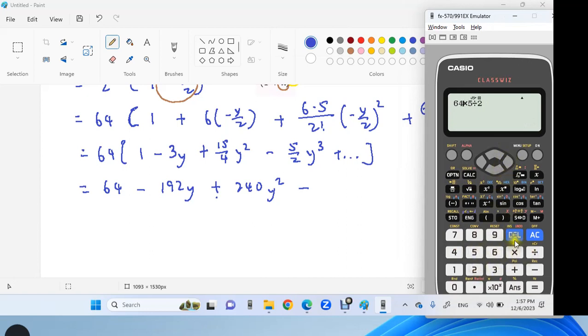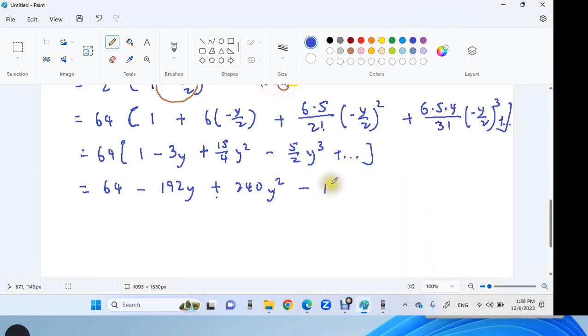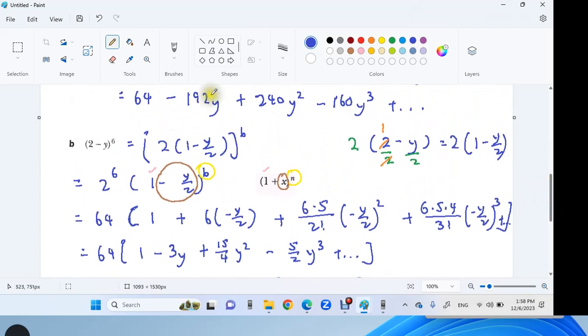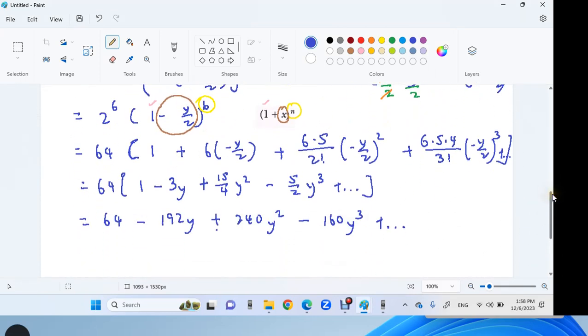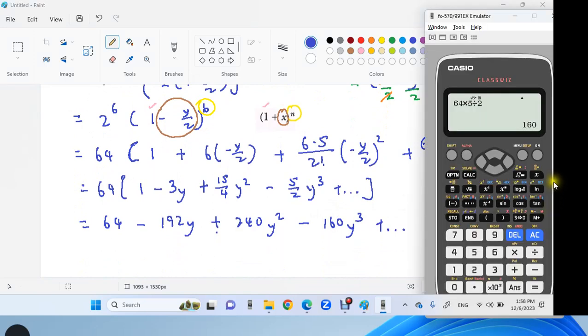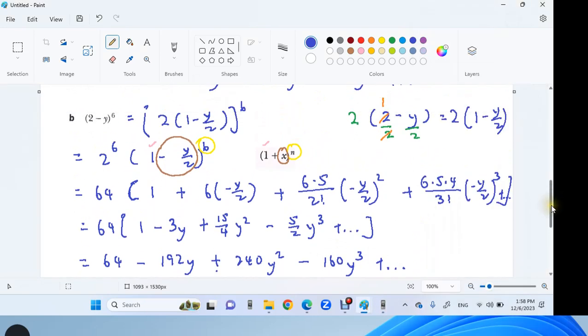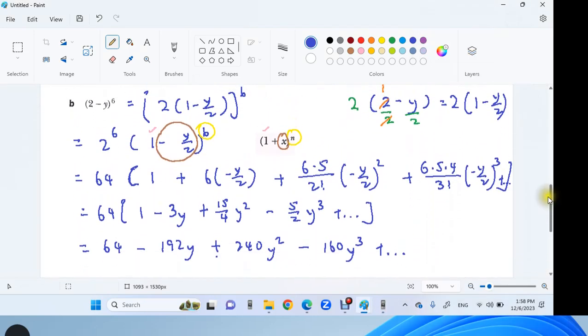Okay, then it will become 160. So you can see that this one, 64, negative 192, 240, and negative 160 are the same. But this one, we are using the binomial expansion. So for the same question, we can solve using a different method.